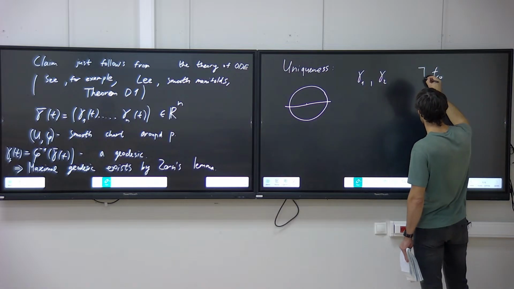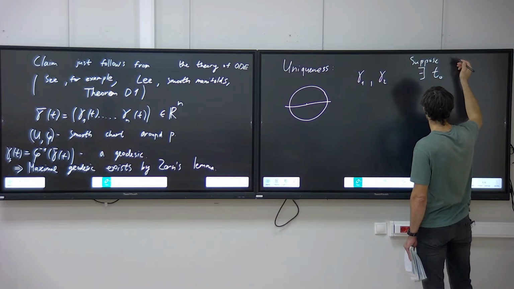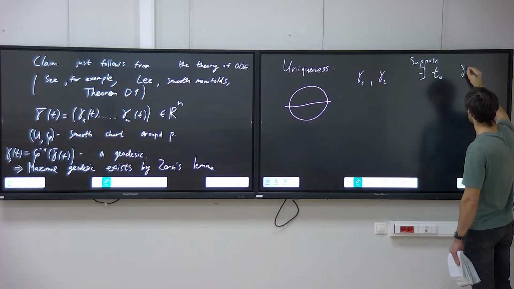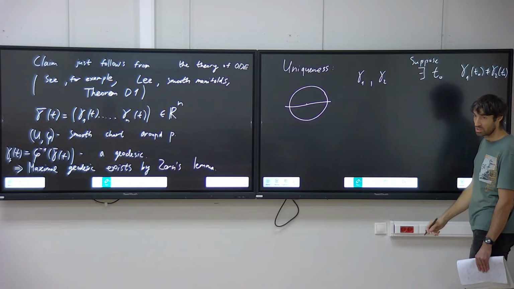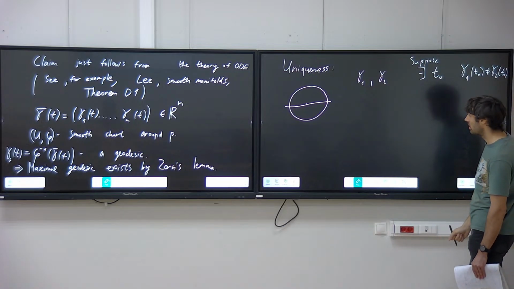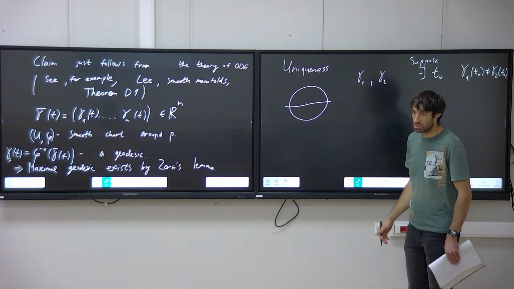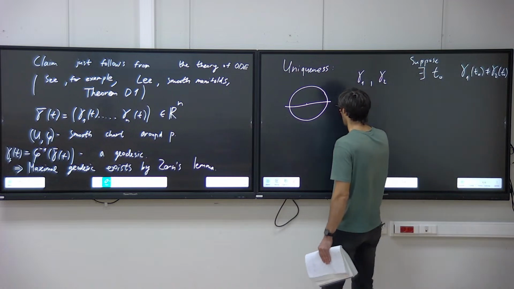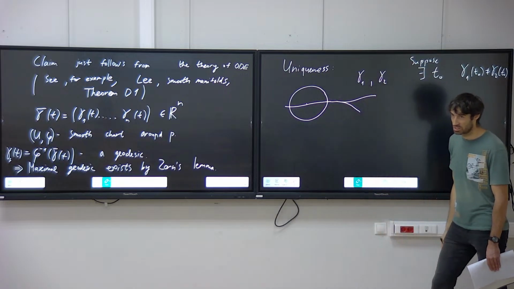But for the sake of contradiction, suppose there exists some T0, maybe outside of this area, such that gamma 1 of T0 is not equal to gamma 2 of T0. Maybe this is like a branch. Yeah, maybe, I don't know. Maybe something weird happens. Yeah, in principle we could have something like this.